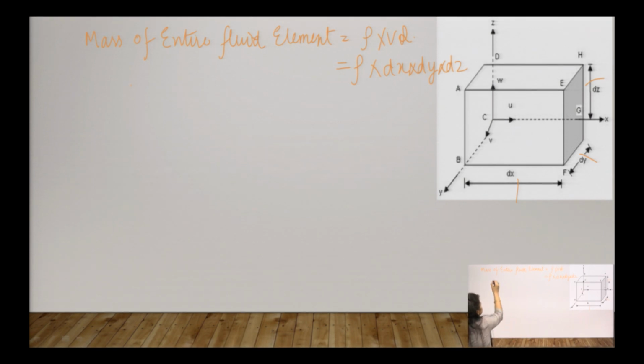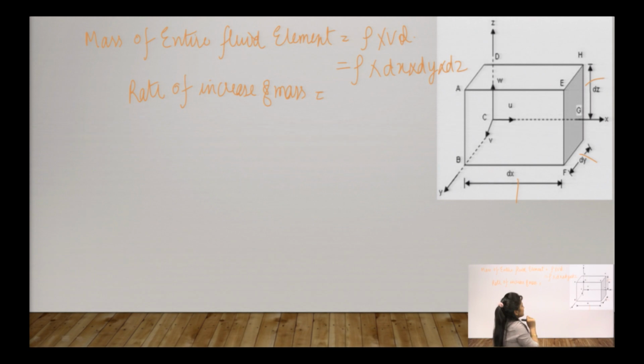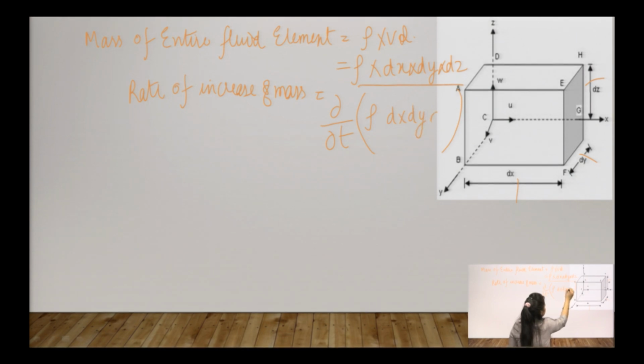For calculating the rate of change of mass, rate of increase of mass, as the term rate comes, time duration comes into the picture, that is we can calculate this entire value with the help of this time derivative, that is rho of dx, dy and dz, and we are naming this equation as equation number 2.